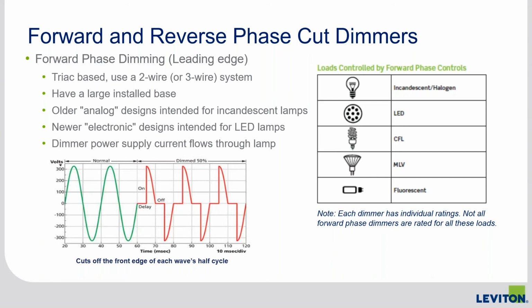But we can save fluorescent for a different time because that can definitely get very complicated and require much different types of controls. One more comment on MLV is that magnetic transformers specifically require a forward phase signal. If you send a reverse phase signal to a magnetic low voltage transformer, you can get some issues.